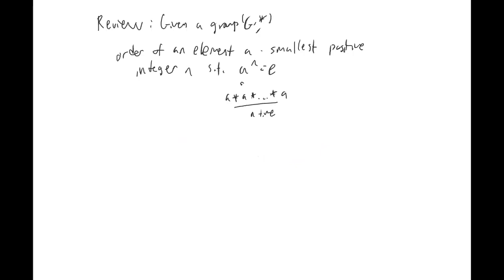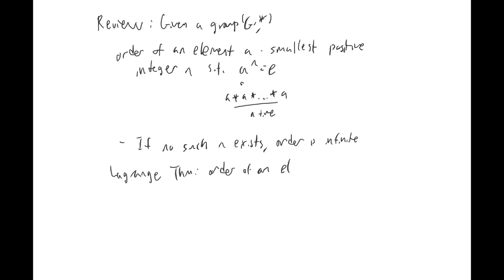If no such n exists, we say the order is infinite. And hopefully you remember from Math 120A, there's Lagrange's theorem: the order of an element must divide the order of the group.